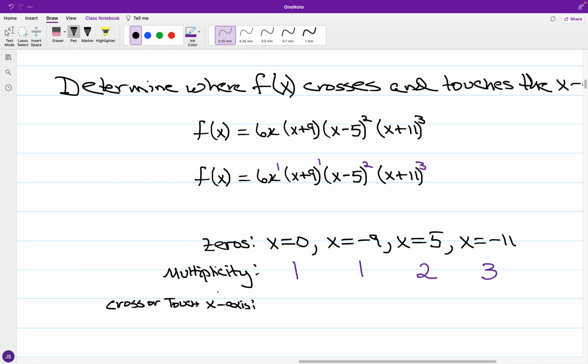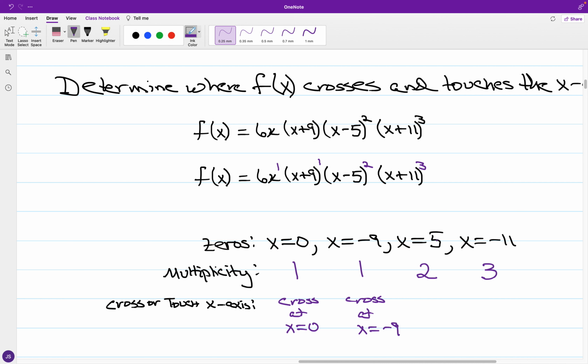Again, if the multiplicity is odd, then the graph is going to cross at that zero. So multiplicity of 1, so you have to cross at x equal to 0. And since negative 9 has a multiplicity of 1, it crosses at x equal to negative 9.